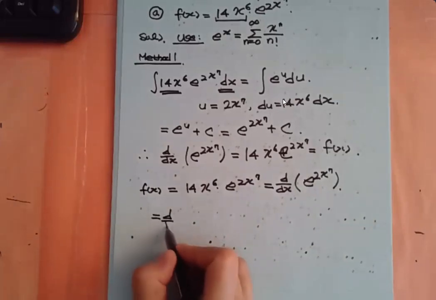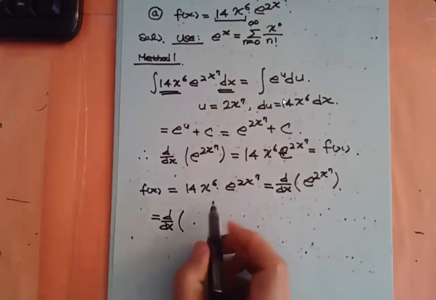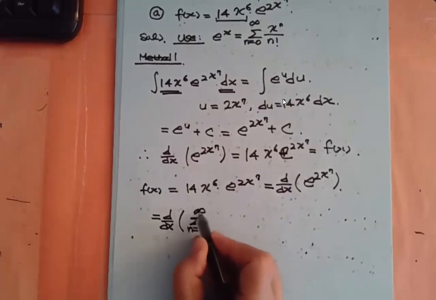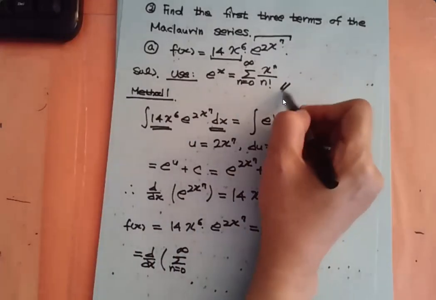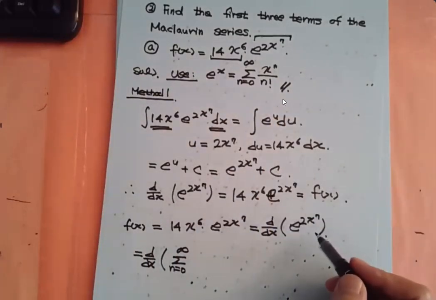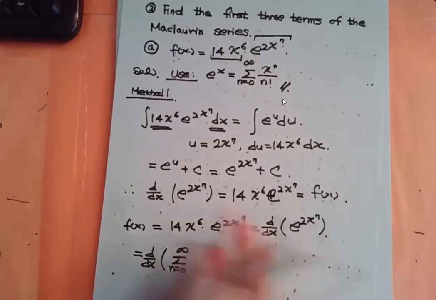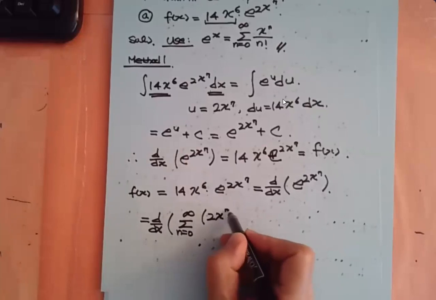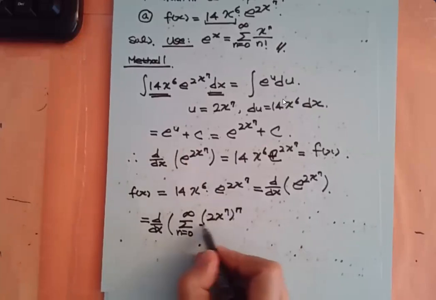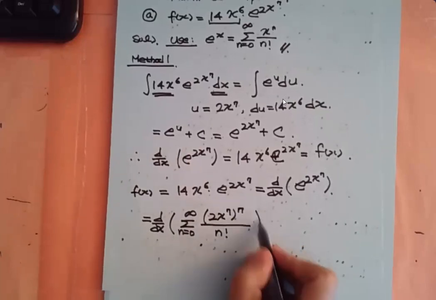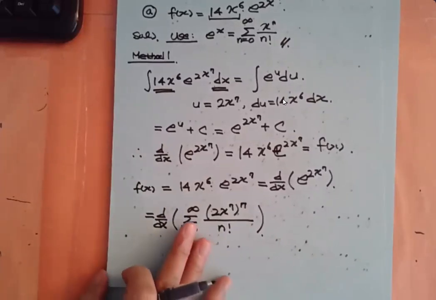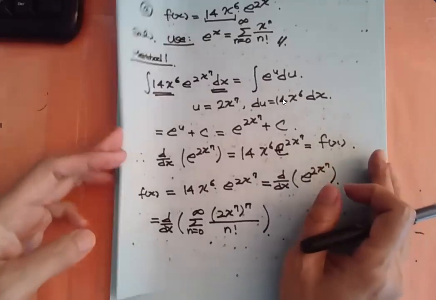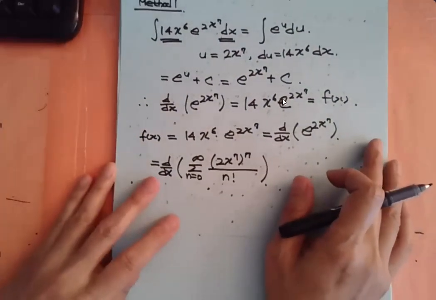So that is d/dx of the summation n equals 0 to infinity. We are using this formula, but instead of x, we will write 2x^7. So (2x^7)^n over n factorial. That is a convergent series.